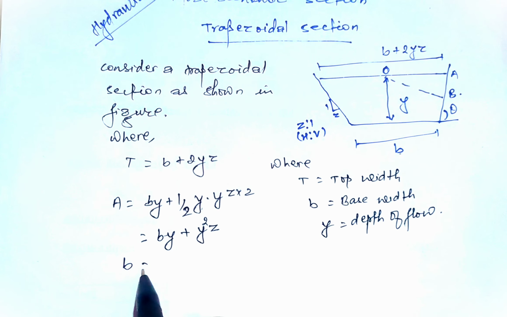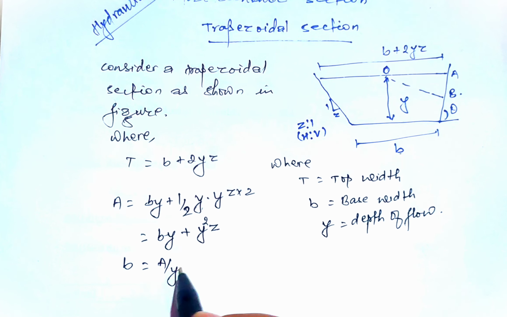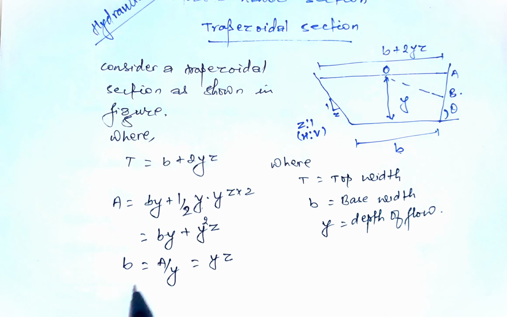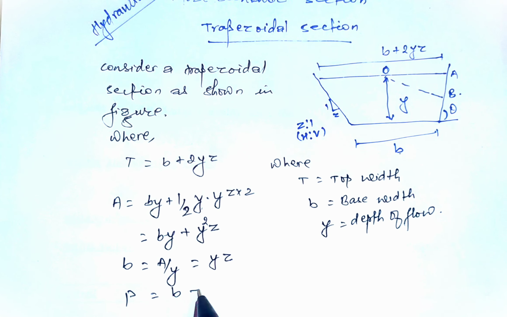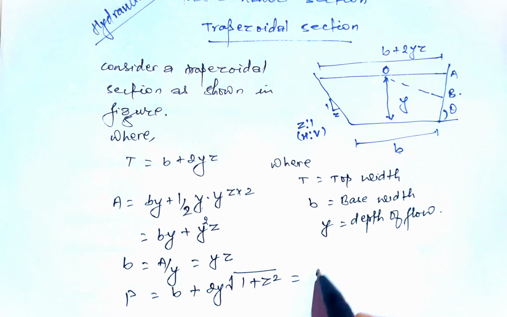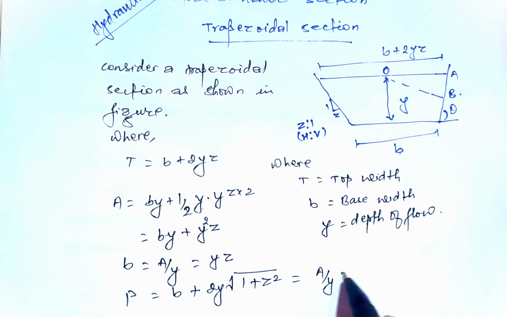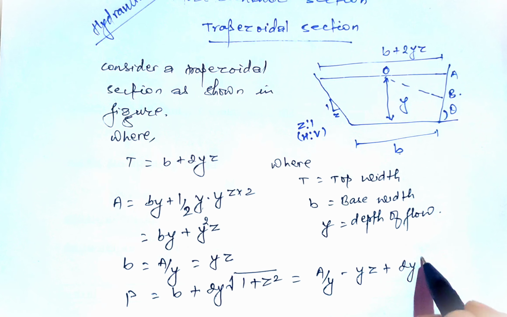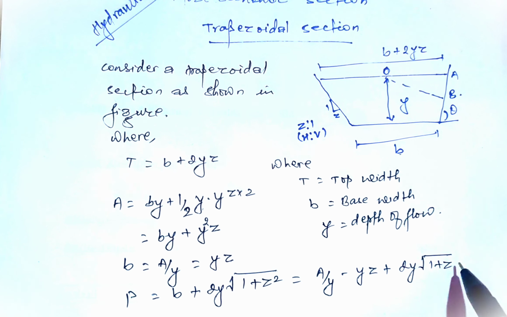Base width b can be given as A by y minus yz, and the perimeter of the trapezoid is given by b plus 2y root over 1 plus z square. This can be written as A by y minus yz plus 2y root over 1 plus z square.